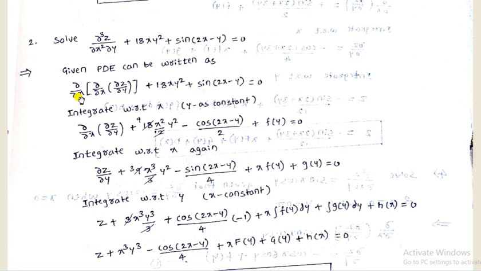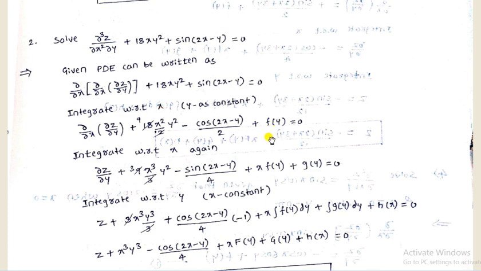So after integrating x, the remaining term is del by del x of del z by del y plus integration of x becomes x square by 2, so 2 ones are 2, 9 twos are 18, y square, then integration of sine is minus cos, and 2x becomes 2, that is cos of (2x minus y) divided by 2, and here we add the arbitrary constant as f of y because we integrate with respect to x.